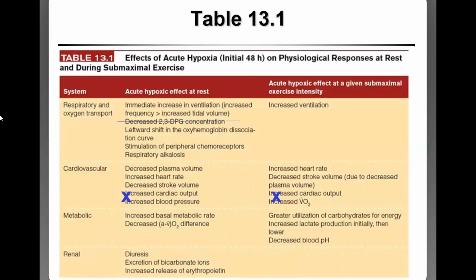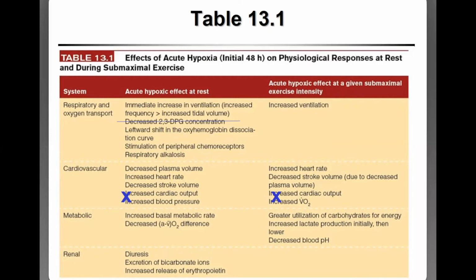So this table summarizes everything we talked about, where it outlines the adaptations or physiological responses to altitude for each system. So for example, the pulmonary system, we talked about increased ventilation, and this happens through increased frequency and tidal volume.